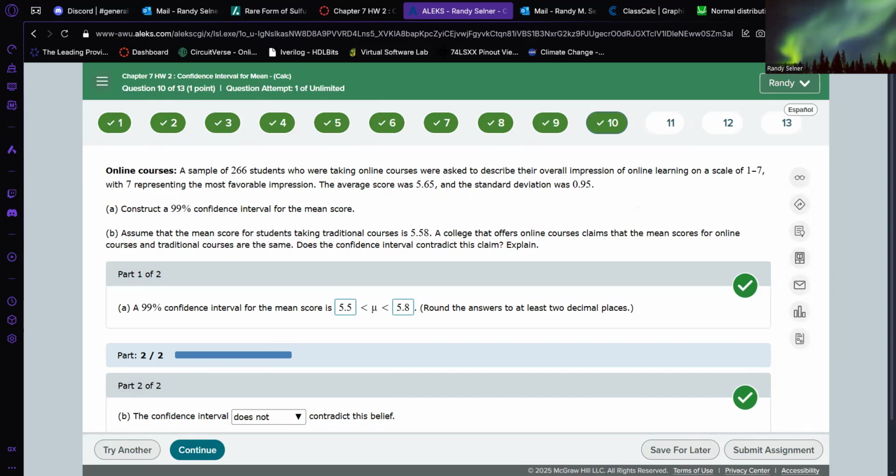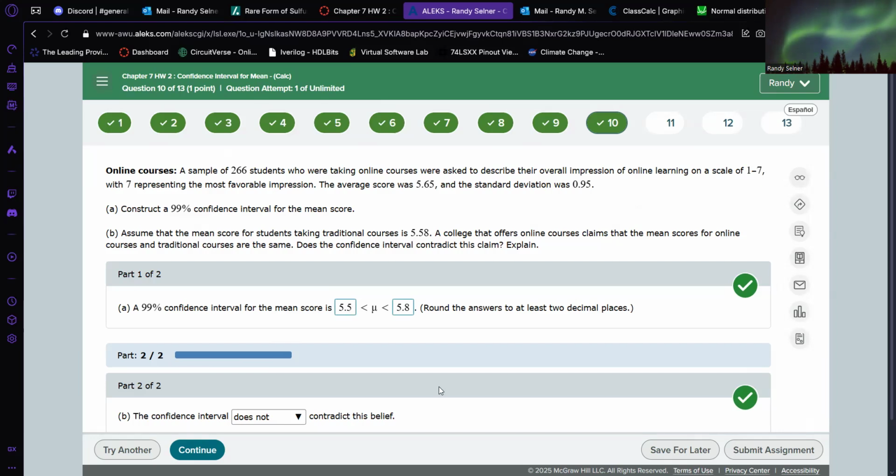Okay, so we're going to subtract, times -1, and we add it to our sample average, 5.65. And we get the bottom, 5.47, 5.48. It says to round to 1 decimal, so I got 5.5.